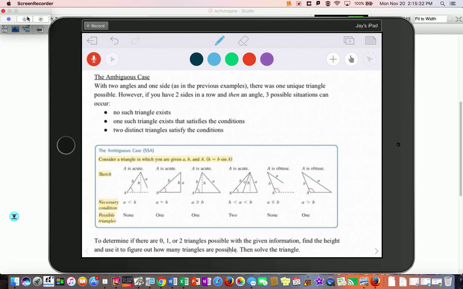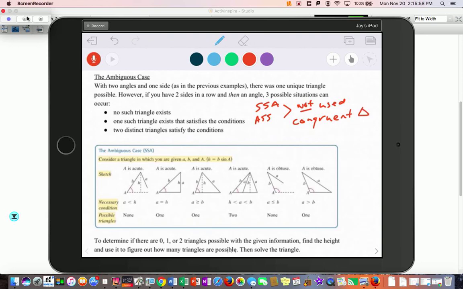What's happening is we have what's called the side-side angle, or the ASS, and these were not used in geometry for congruent triangles. They are not congruence rules.